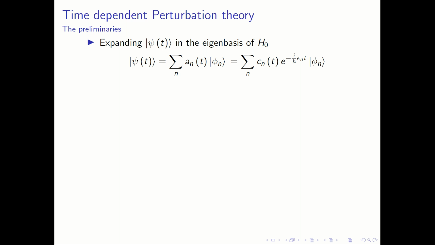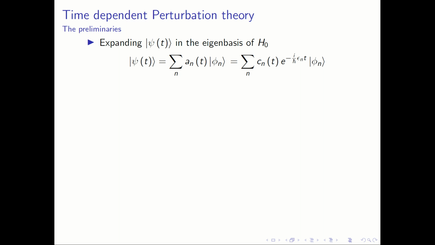But there's another way to look at it, and perhaps that's also important to understand. Notice that if H0 were all of the Hamiltonian, that is H were equal to H0 and V of t were 0, then the states phi_n would be stationary states for that particular system. What that means is, as time evolves, the time dependence that they would pick up is simply of the form e to the minus i by ħ epsilon_n t.